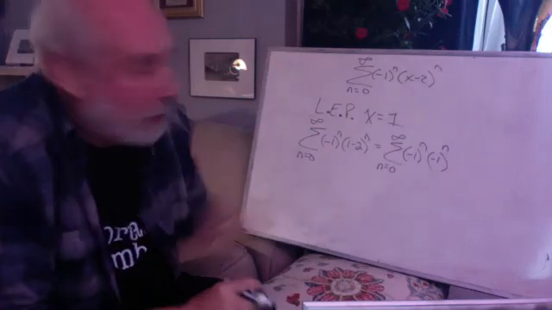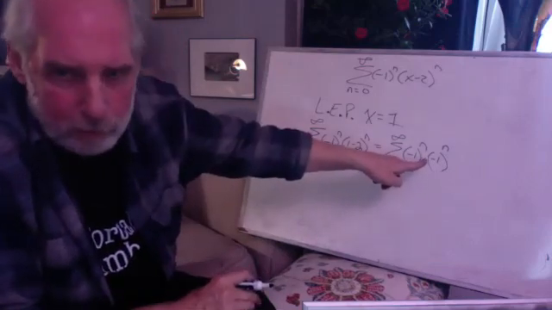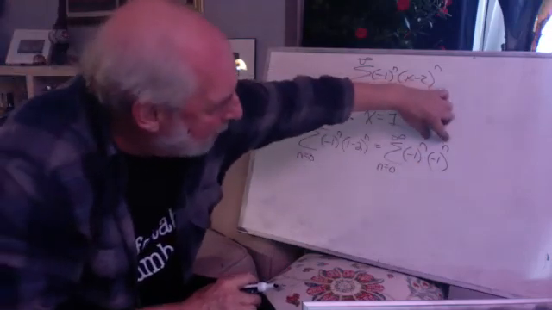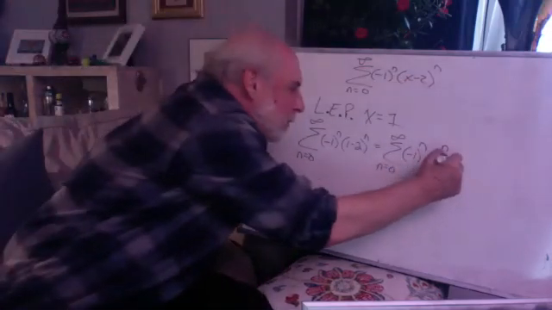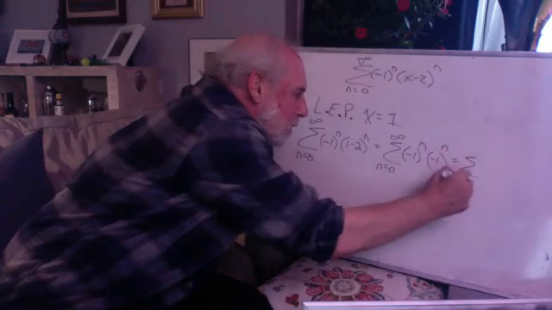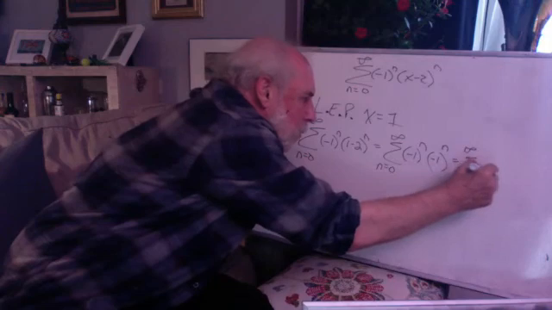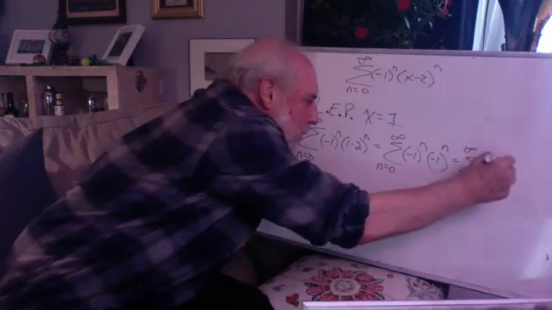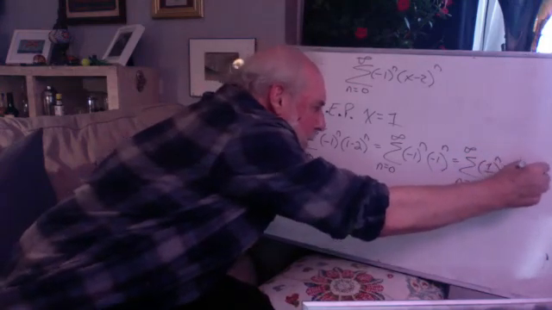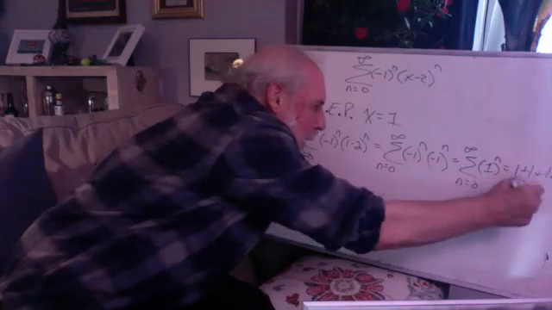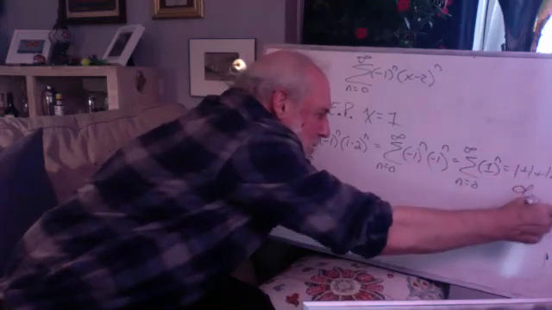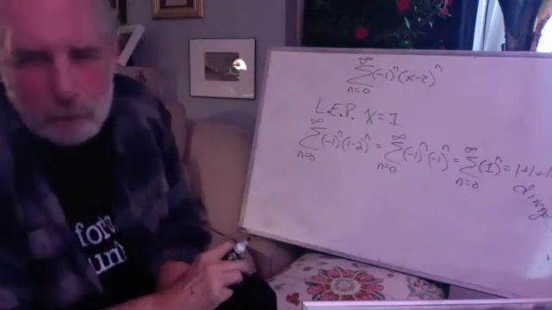So this is always going to be +1 because these are odd and even at the same time. So this is just going to give us this series of just 1 to the n, which is 1 plus 1 plus 1 plus 1, and that diverges.